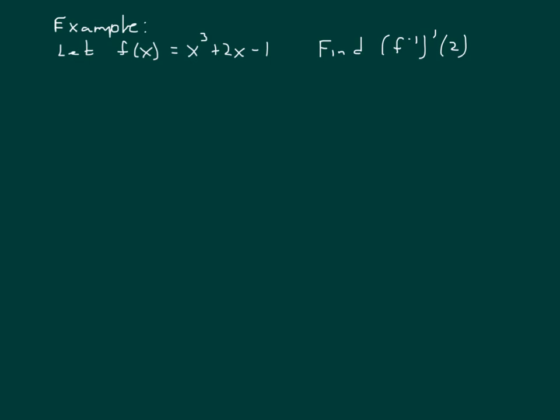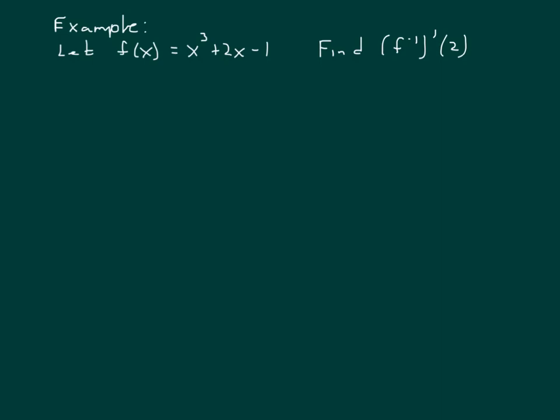All right, let's take a look at an example. We have f of x is x cubed plus 2x minus 1, and we're asked to find the derivative of f inverse of x at x equals 2. So we're asked to find f inverse prime of 2. Well, remember what that means. That means there is some value for x I can put in function f that's going to make this thing equal 2.